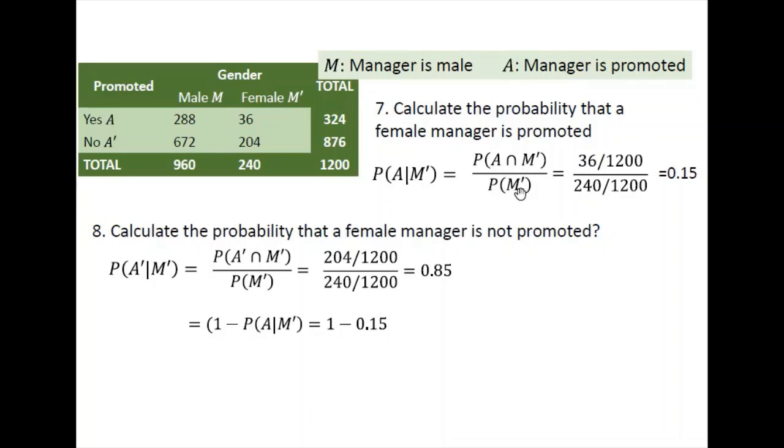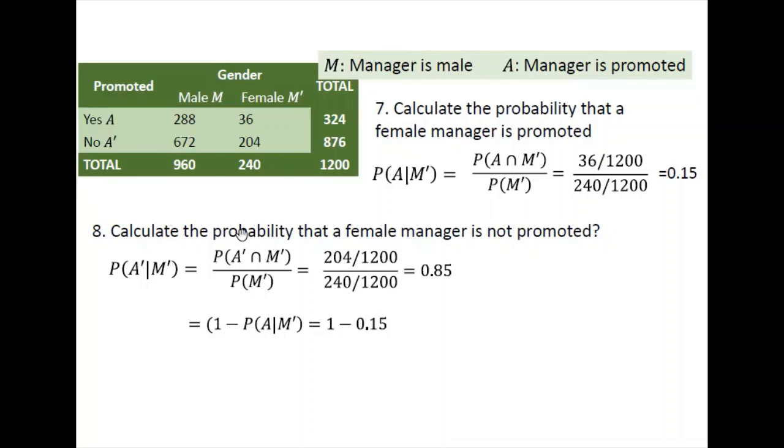The probability of female or M prime is 240 divided by 1200, and the probability of promotion and female is 36 divided by 1200, so the result is 0.15.